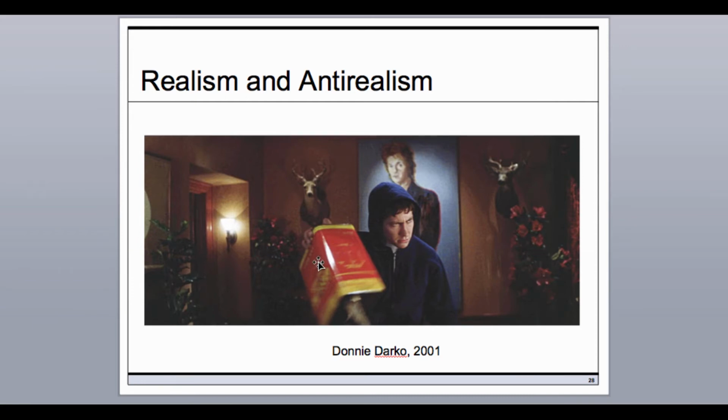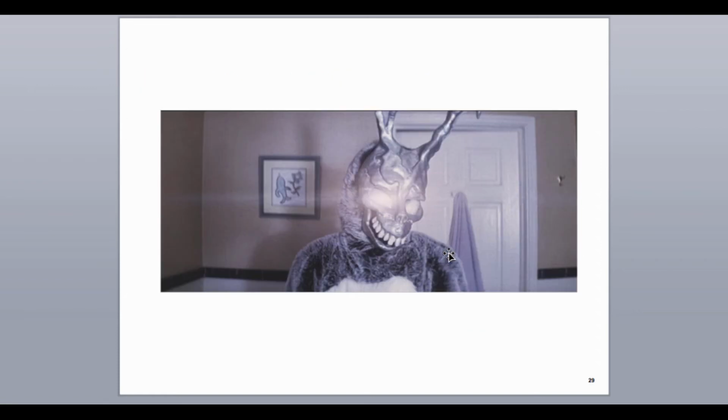All those colors relate to making it more realistic, but it's an unrealistic act. And anti-realism is the part where Donnie is being communicated to by what some would call an alien. If you've seen the movie, you know what I'm talking about. But that creates a different form of realism and anti-realism. And being talked to by a giant rabbit is the anti-realism. It doesn't happen. But all these elements, implicit and explicit, will be brought out by the end of the movie.